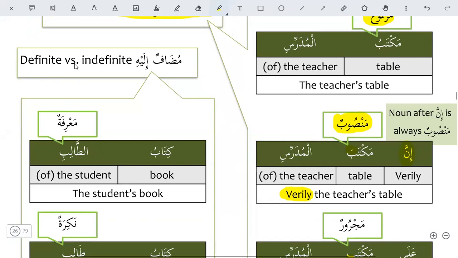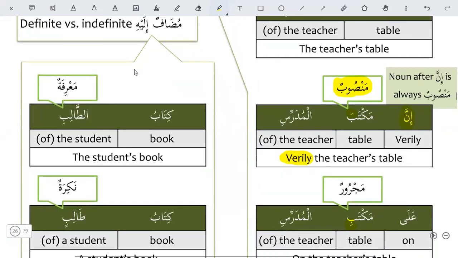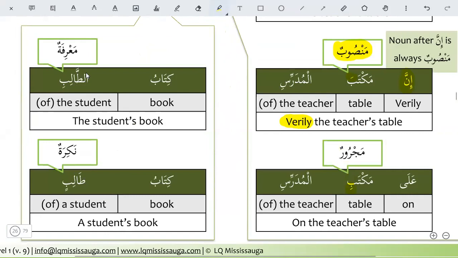Then the other is definite versus indefinite. Kitabut talibi, at-talibi. This is definite. At-talib has a definite article alif lam. So mudaf ilay is definite here. At-talib is definite, the student's book.